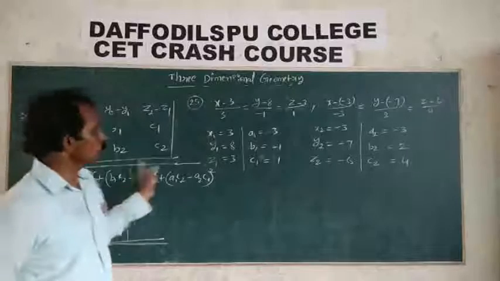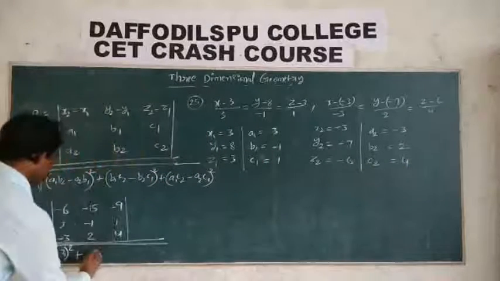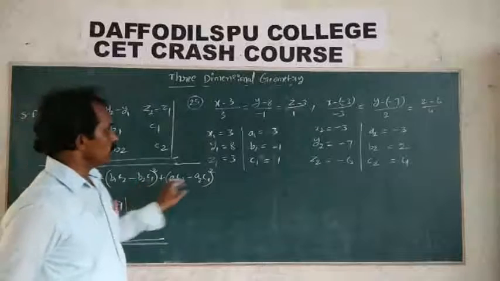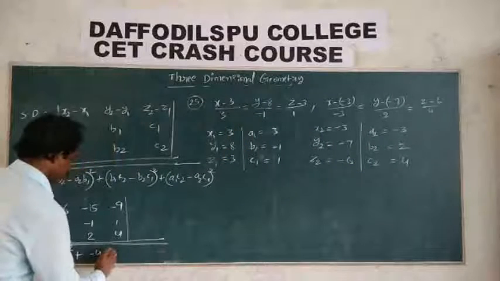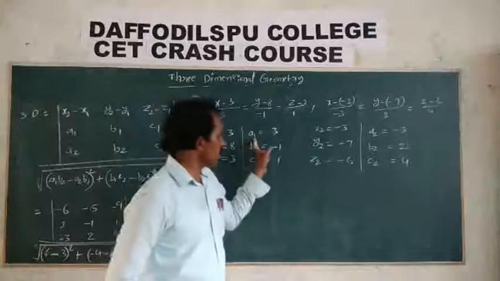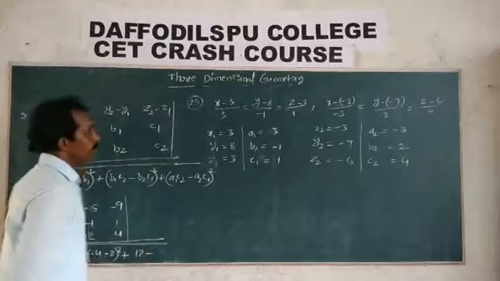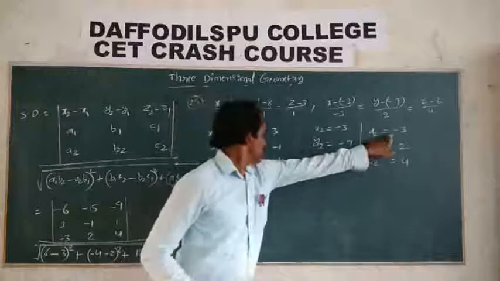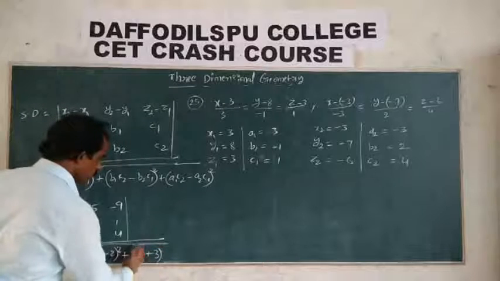Next b1 c2, minus 1 into 4, minus 4, minus b2 c1, 2 into 1, 2, whole square, and a1 c2, 3 into 4, 12, minus a2 c1, minus 3 into 1, minus 3. So minus into minus plus.